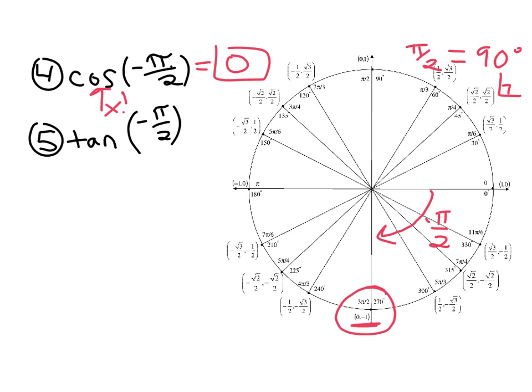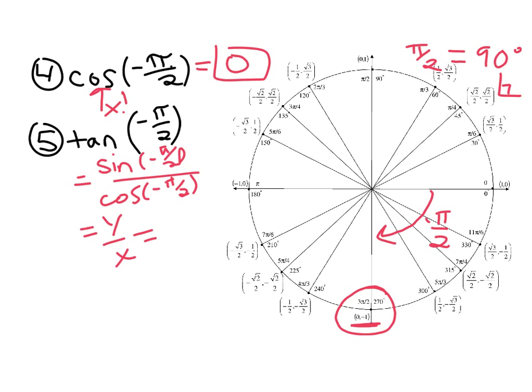Now what about tangent of negative pi over 2? That's, like we said, sine over cosine. This might get a little bit messy because I'm going to try to write it out quickly. Sine is the y coordinate, cosine is the x coordinate. So the y coordinate here is negative 1 over the x coordinate, which is 0.